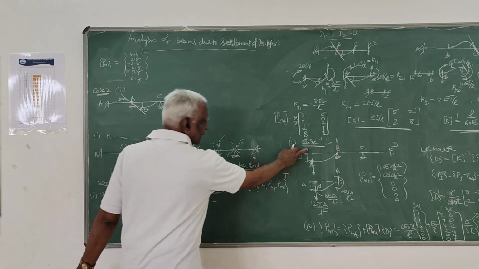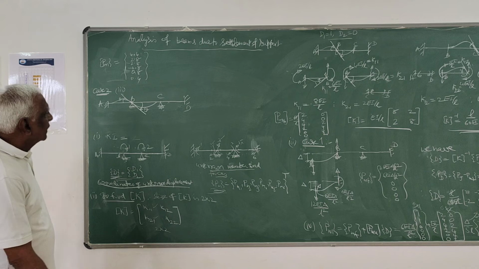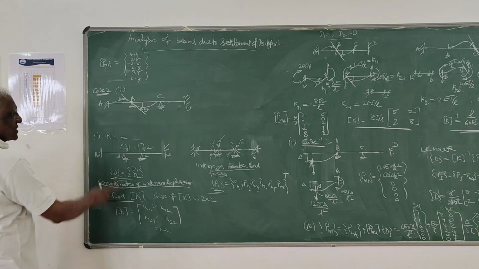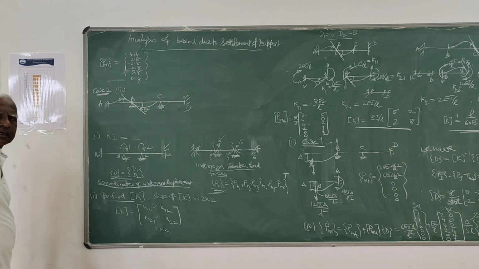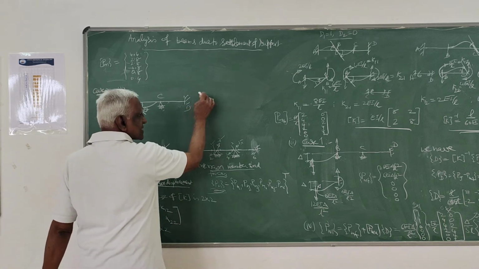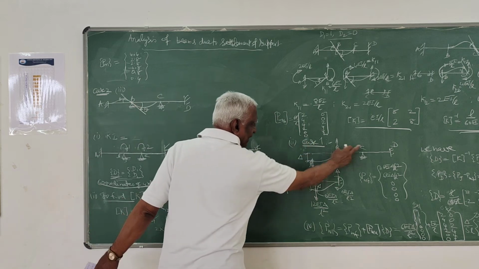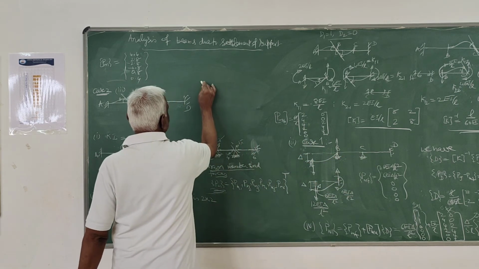For case 1, support A settles down. For case 2, support B rotates by amount theta. In this case, what you have to do is, you can use this equation. So here case 1 is rotated, I will use this equation.